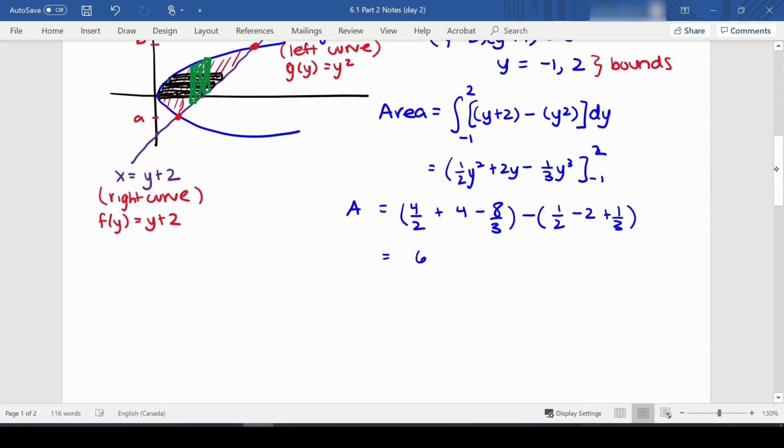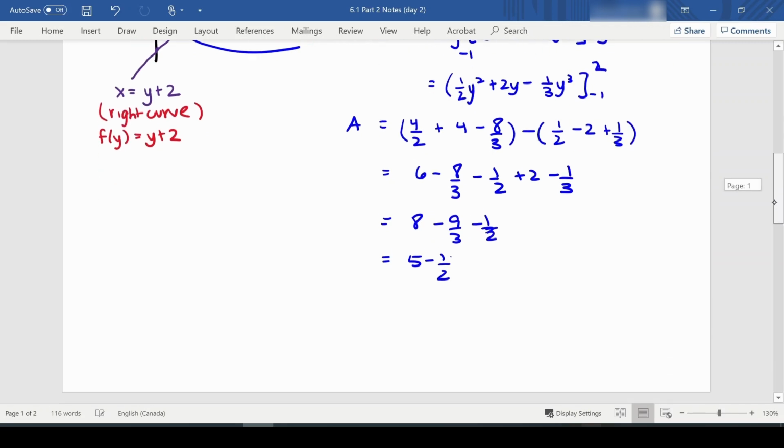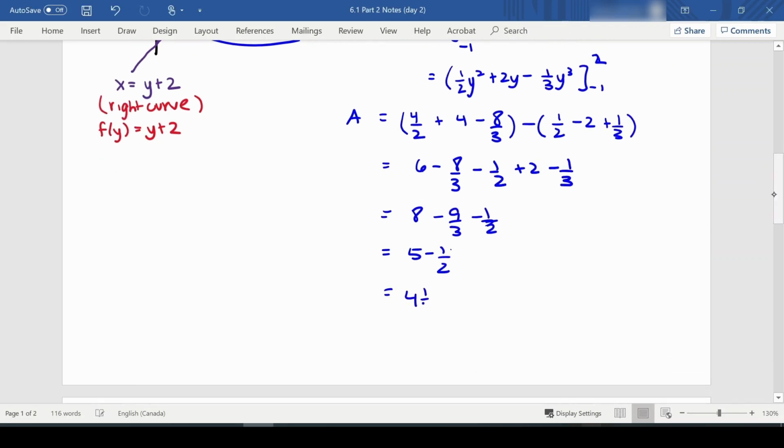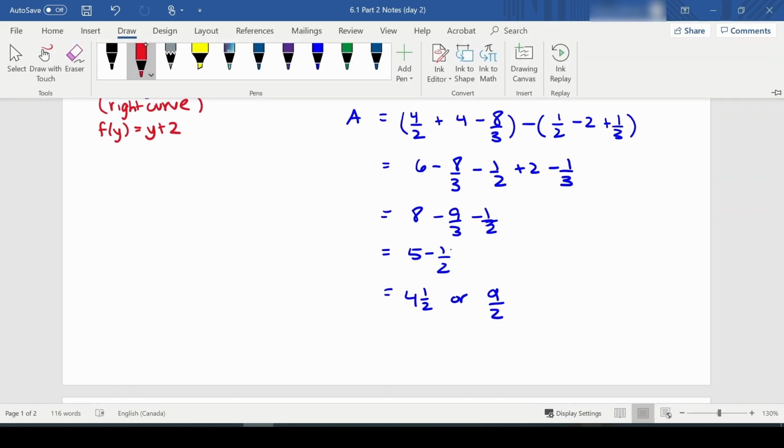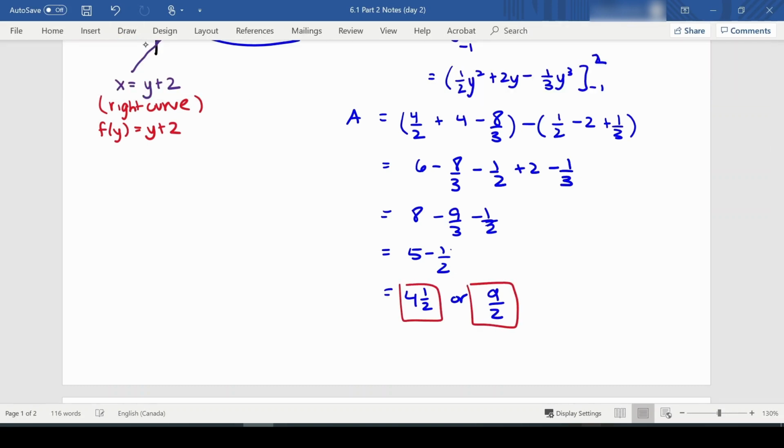So we get 6 minus 8 over 3 minus 1/2 plus 2 minus 1 over 3, or 8 minus 9 over 3 minus 1/2, or 5 minus 1/2, which gives us 4.5, or 9 over 2, which is what we got last time.